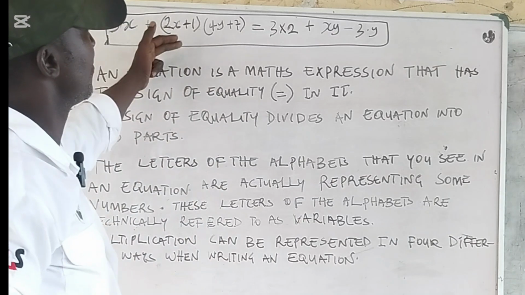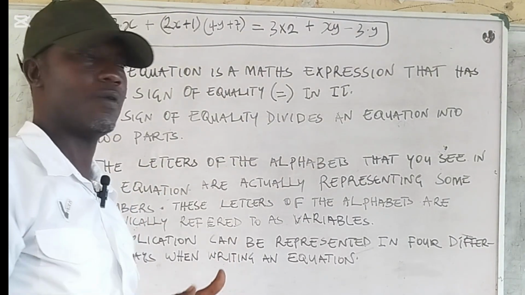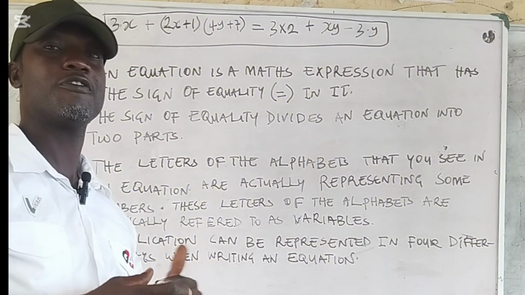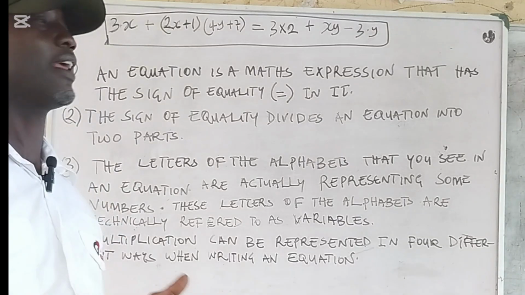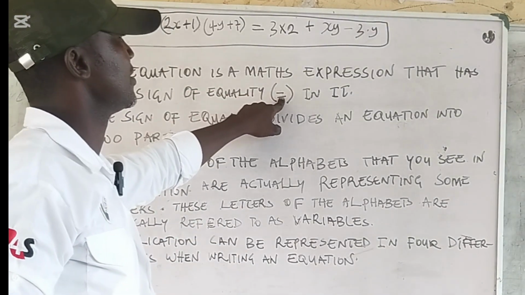This is an example of an equation. There are a lot of them. If you open a math textbook, you're going to see numerous equations. You can even formulate math equations as you're sitting down there. The most important thing is that there will be the sign of equality in it.